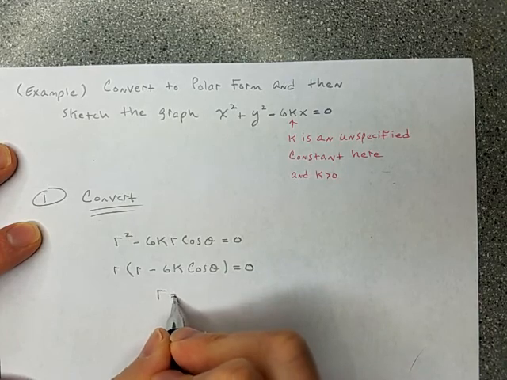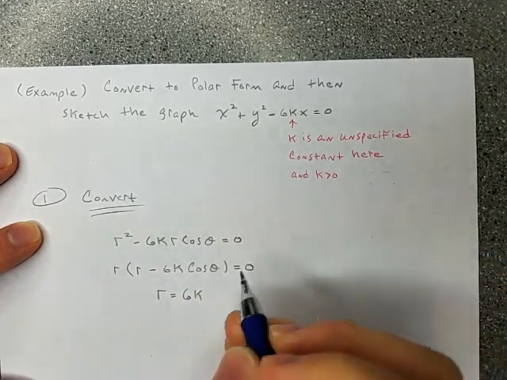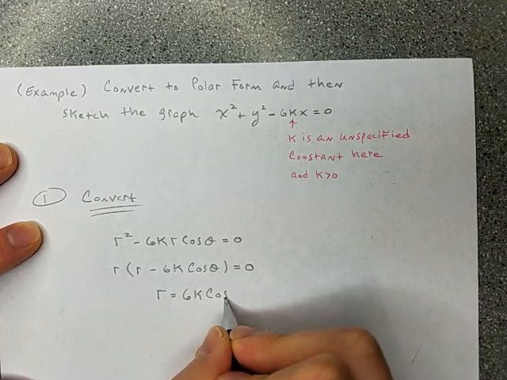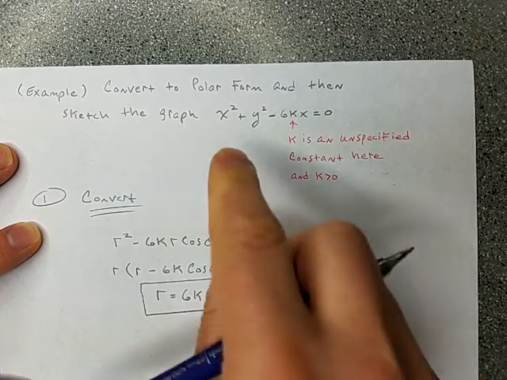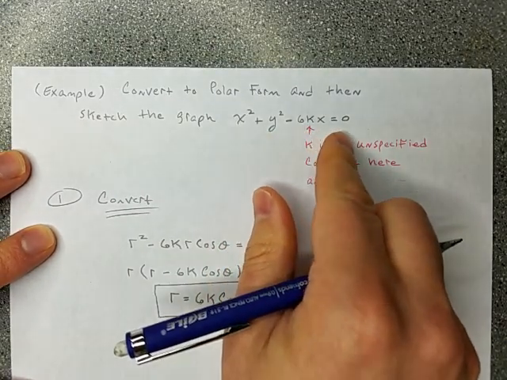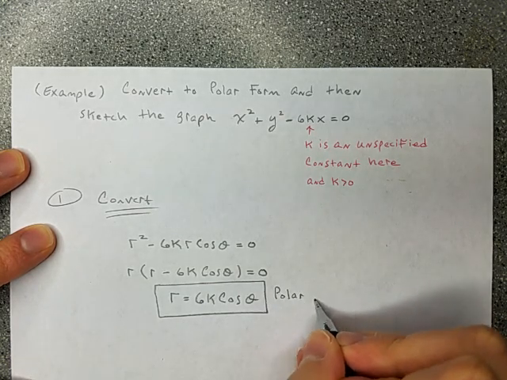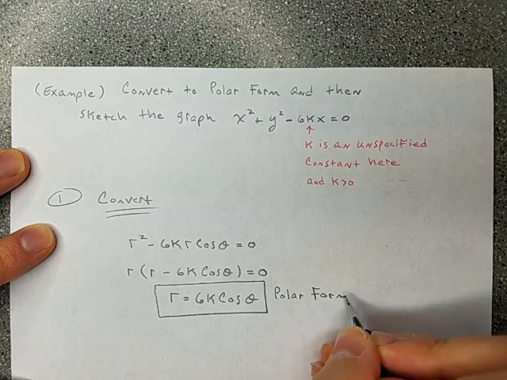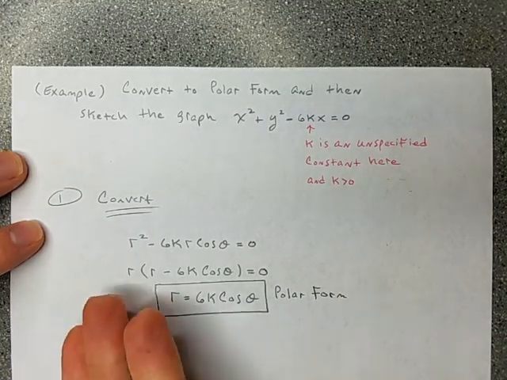So my polar form will be r is equal to 6 times the constant k times cosine theta. All right, there's my polar form. To give the rectangular form, x squared plus y squared minus 6kx is equal to 0, gives me an equivalent polar form as r is 6 times k times cosine theta. Now, all right, that part's done.